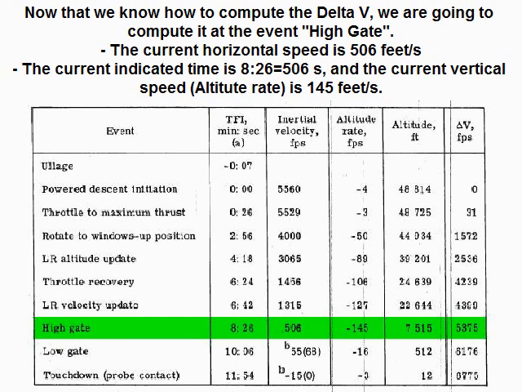Now that we know how to compute the delta V, we are going to compute it at the event I gate. The current horizontal speed is 506 feet per second. The current indicated time is 8 minutes 26 equals 506 seconds, and the current vertical speed, altitude rate, is 145 feet per second.